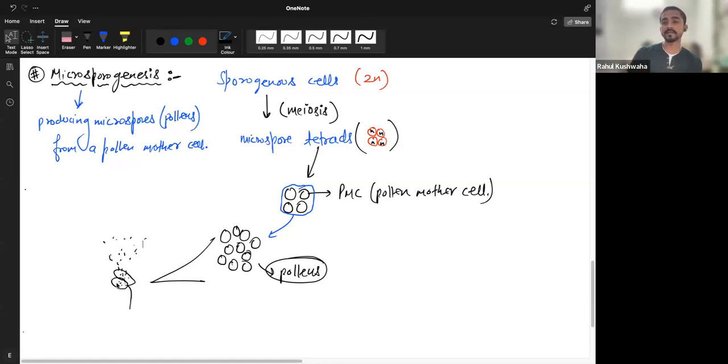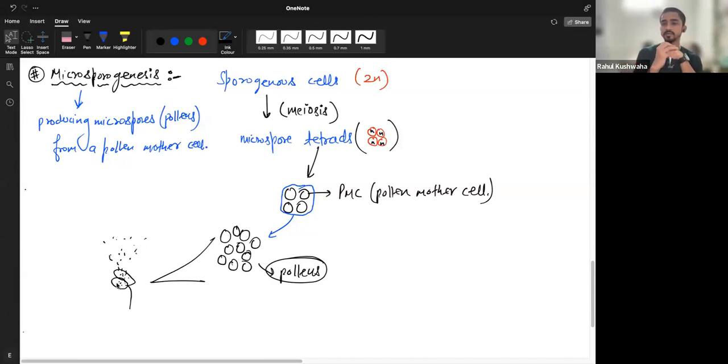If it is air, if the plant depends on air for its pollination, then these pollen grains need to be very lightweight so that air can just take them with it, right? But if they rely on insects, what should be the property of these pollen grains? Tell me. Logically, it should be sticky, right?